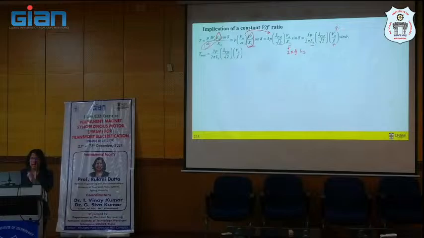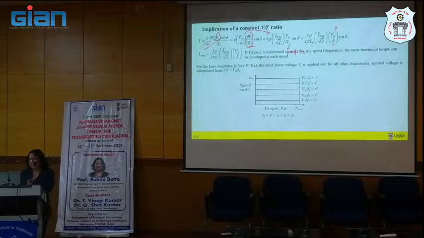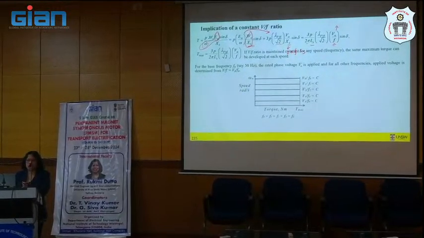If I maintain it in a PM synchronous machine, you can also do V by f if you want. So by keeping this ratio constant, I can get the same maximum torque for any speed.